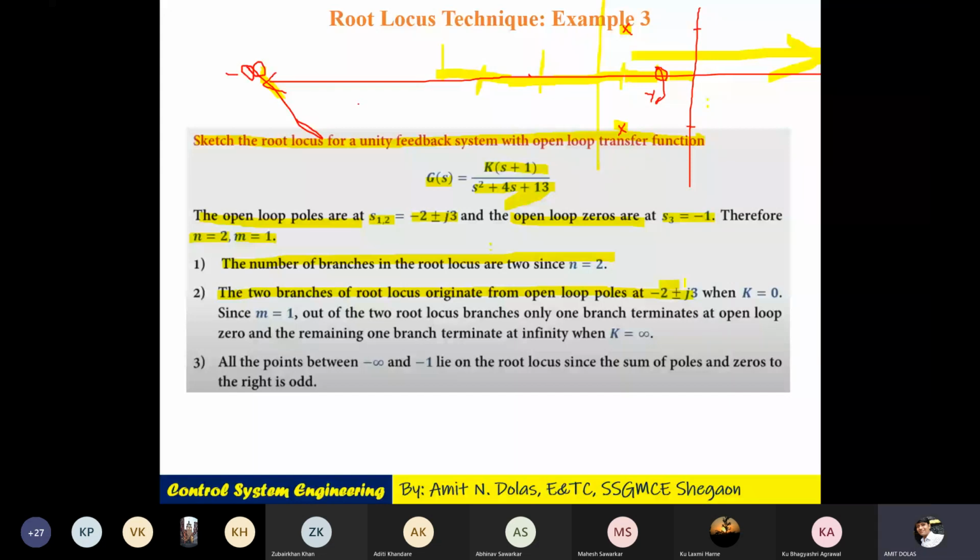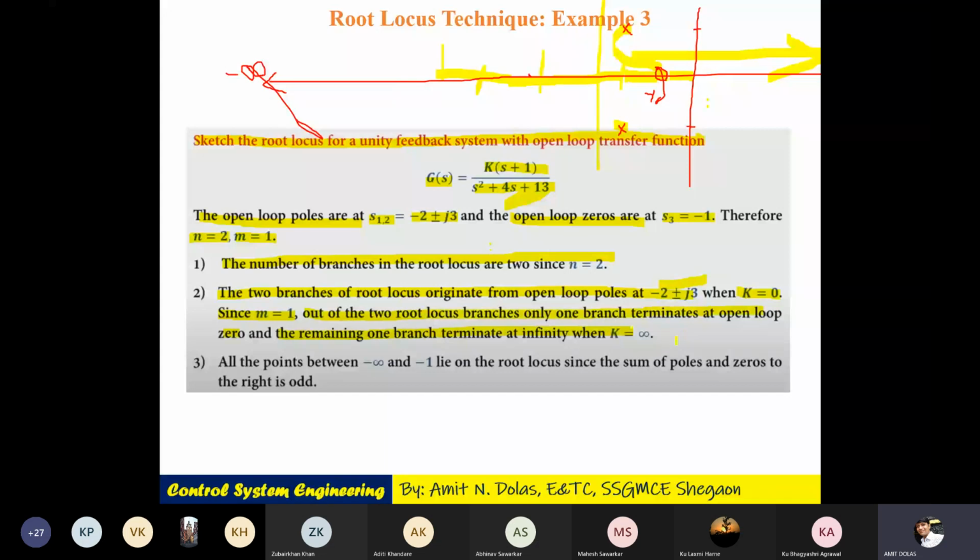Since M is equal to 1, that is, the number of zeros is 1, out of 2 branches, one branch will terminate at the open-loop zero. Of these two, one pole will terminate at the zero, but the other will terminate towards minus infinity, because of the construction rule that we are taking into consideration.